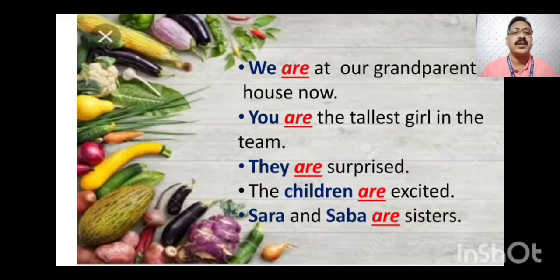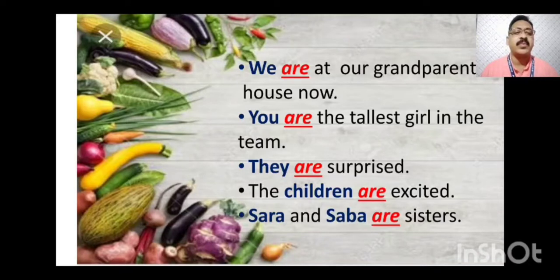You see here in the first three sentences, we, you, they. These three are pronouns, and they are plural pronouns.